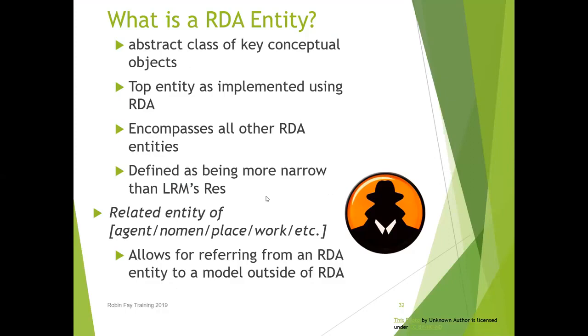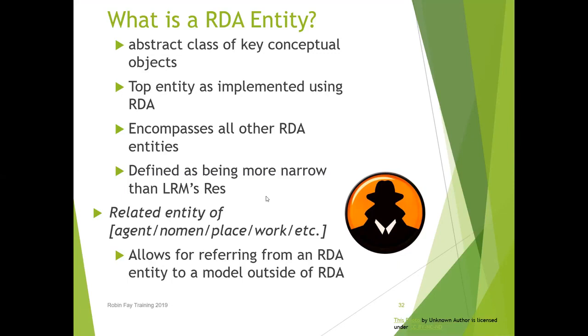And it's meant to encompass all of the RDA entities, but then it's also meant to be compatible with other controlled vocabularies, other frameworks that may be out there. So they wanted to make sure RDA fits in here someplace in the model, but at the same time, they don't want it to be at the top because we want to be able to be compatible with other data modelings that are out there.